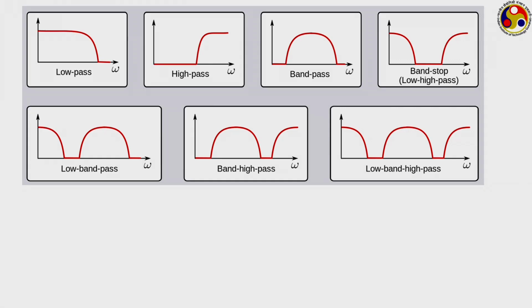If our interest is low wavelengths, then we use a low pass filter, where wavelengths corresponding to low wavelength are allowed to pass, but those having higher wavelength are not allowed to pass. Similarly, for a high pass filter, those having higher wavelengths are allowed to pass, but low wavelengths are not. We can also have a band pass filter, where only within a range of wavelengths the waves are allowed to pass, or the opposite of this in the form of a band stop, and several combinations of these.